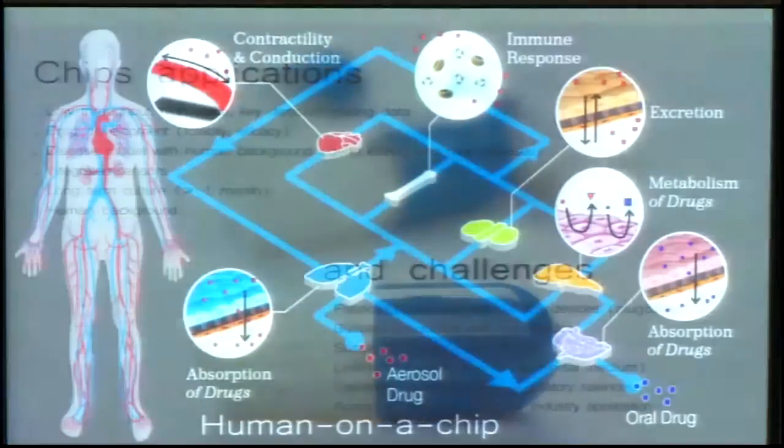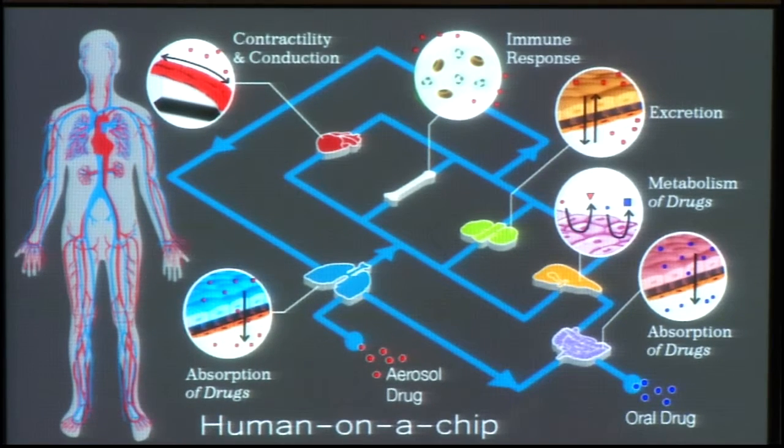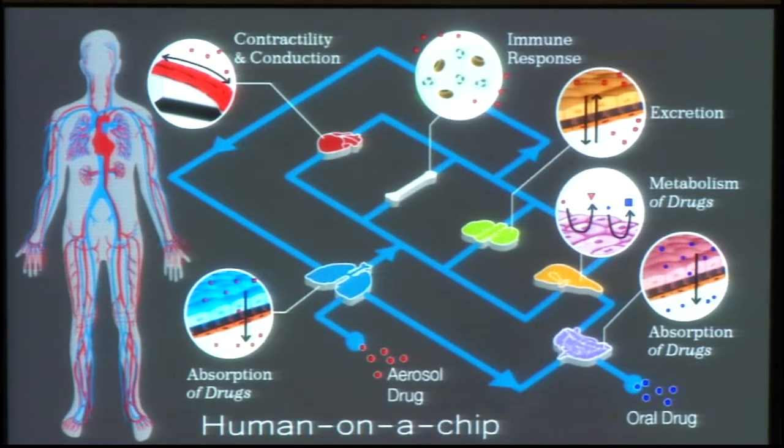And I want to show you here to finish the human on a chip, a very pompous title for just linking different organ chips together. Because of their microfluidic nature, they can be linked together, and the effluent will go from chip to chip, from the upstream chip to the downstream chip.